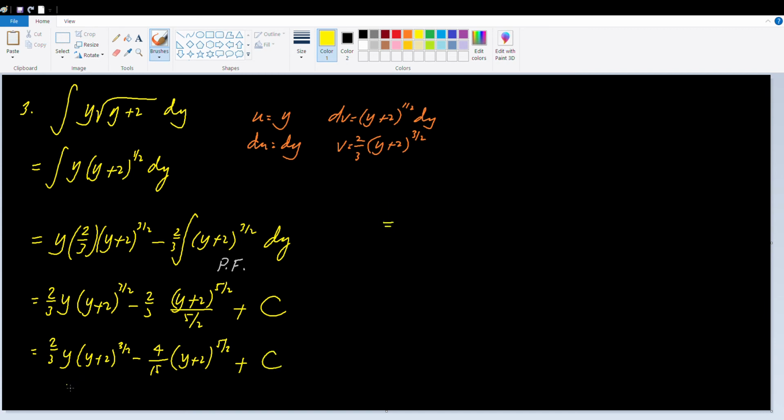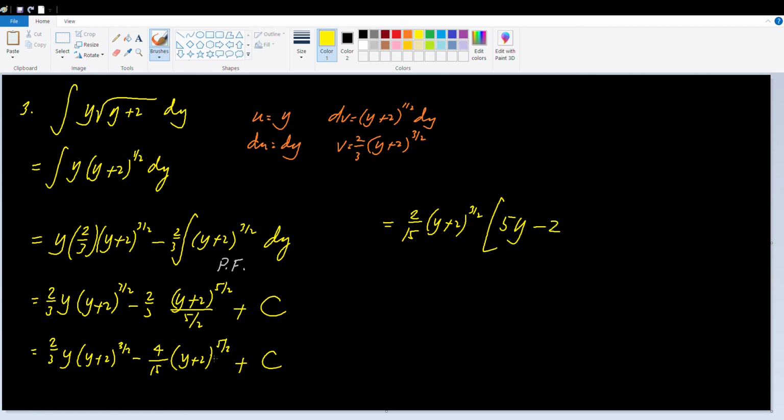Let us refine our final answer by factoring 2 all over 15. 2 over 15, y plus 2 to the 3 halves. Okay, so we factored 2 and 15 divided by 3 is 5. We have factored y plus 2 to the 3 halves, so there remains y. And then minus, we have factored 2 from 4, so that will be 2.